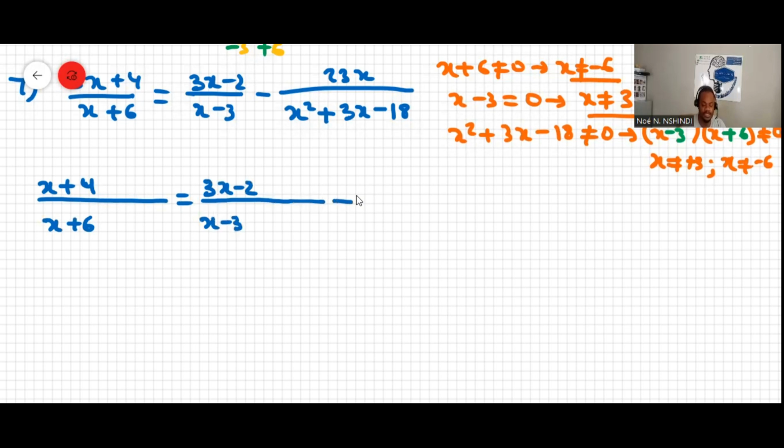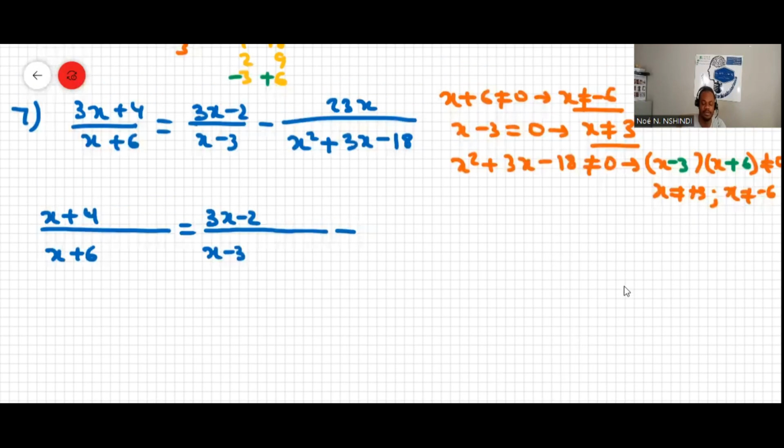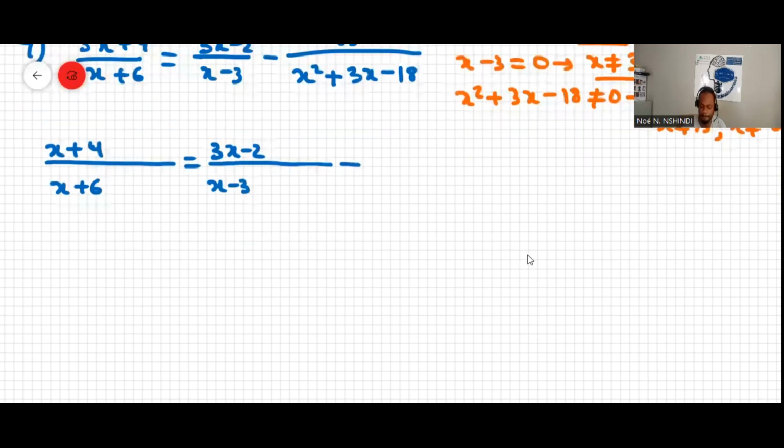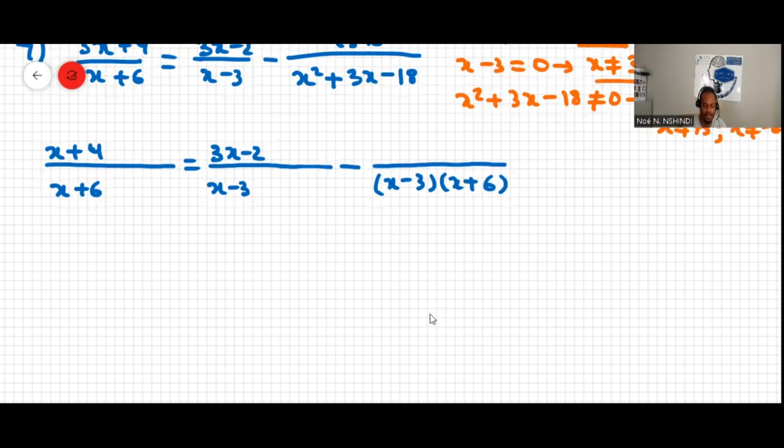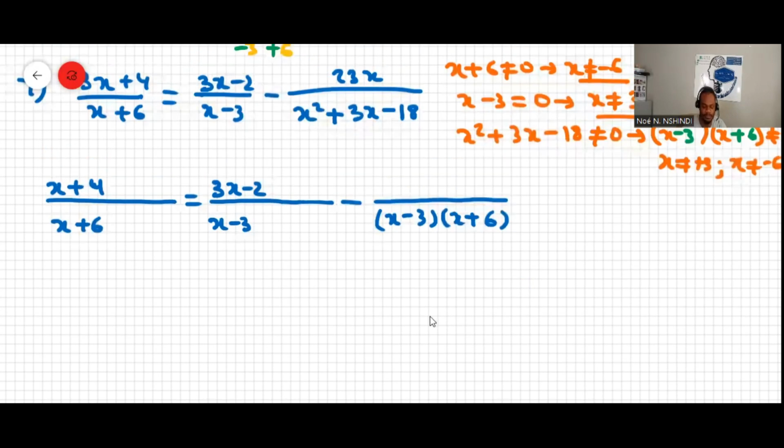Instead of saying that denominator, I will use what we already found here. It's (x minus 3) and (x plus 6). That makes (x minus 3) and (x plus 6) all under 23x.